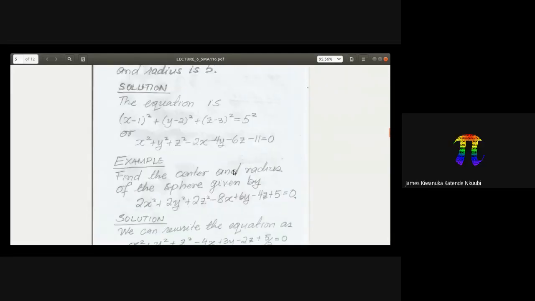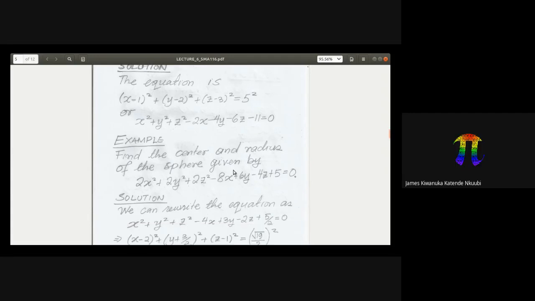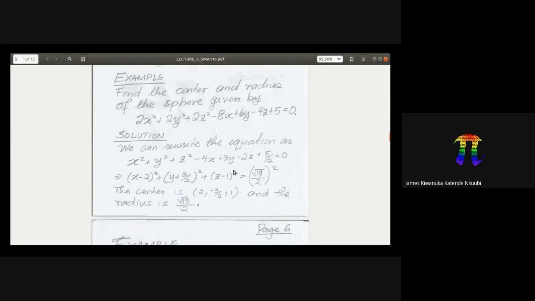What was your answer? The center is 2, negative 3 over 2, and the radius is root 19 over 2. Yeah, that's correct. So you are officially the winner of the 50 MB.